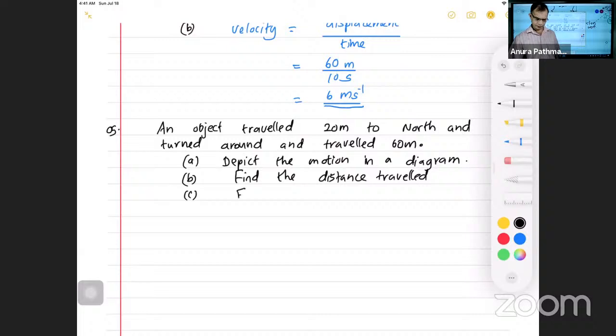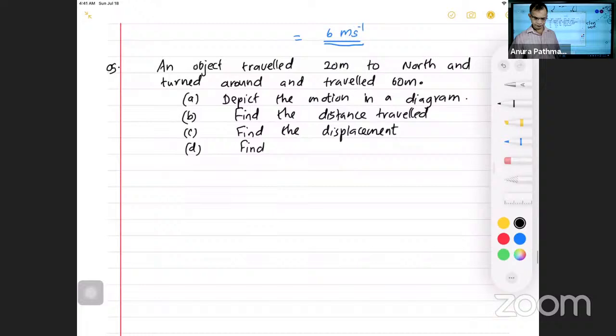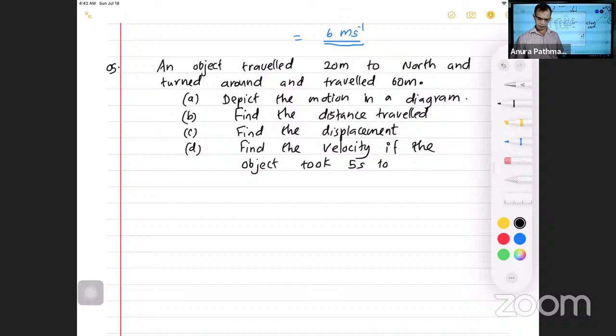C, find the displacement. D, find the velocity if the object took 5 seconds to travel.